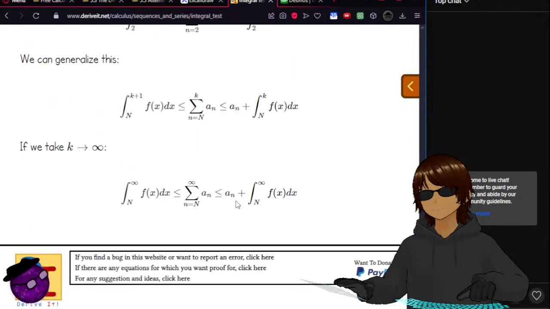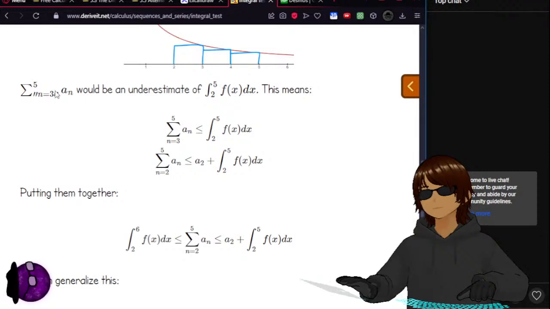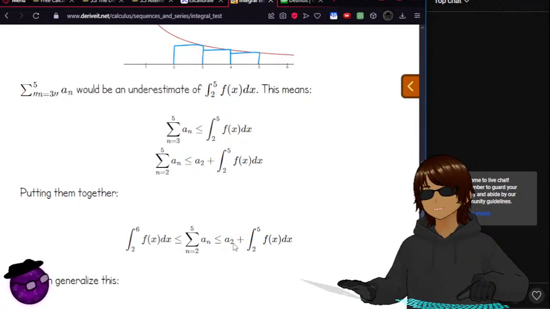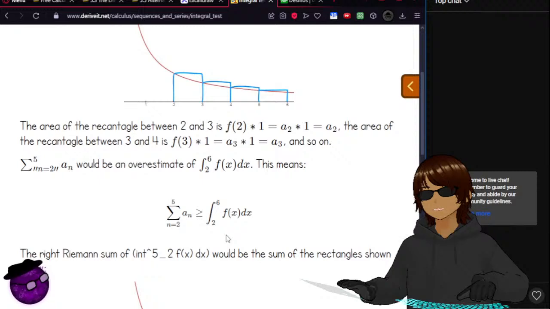So this is wrong. Shouldn't it be a n? It should be a capital N. And so there's a mistake here and a mistake here which I need to fix.